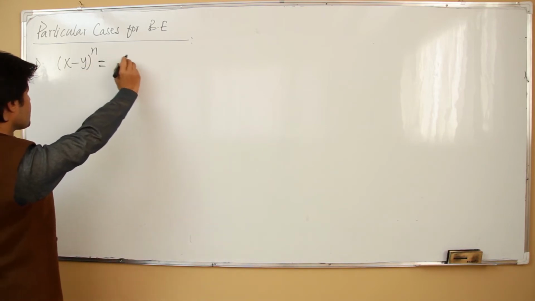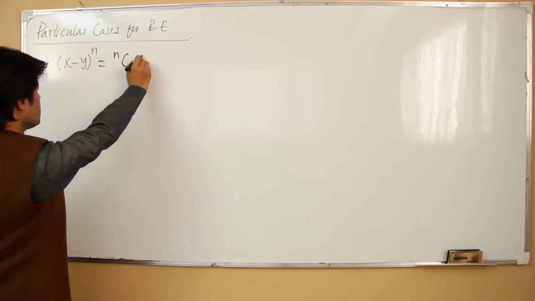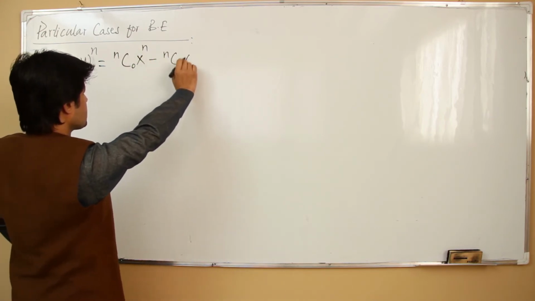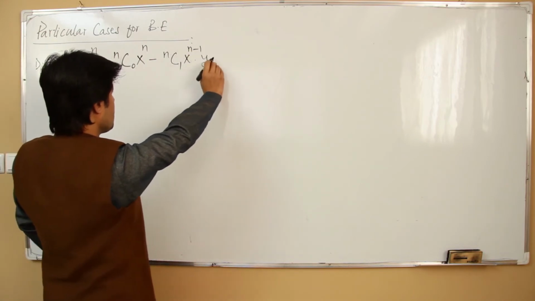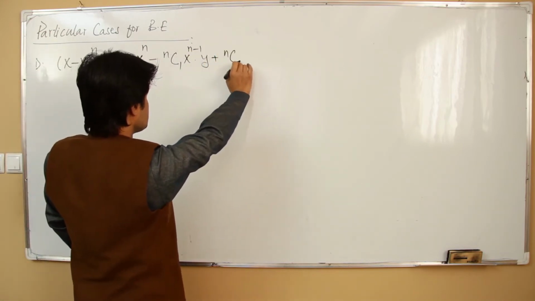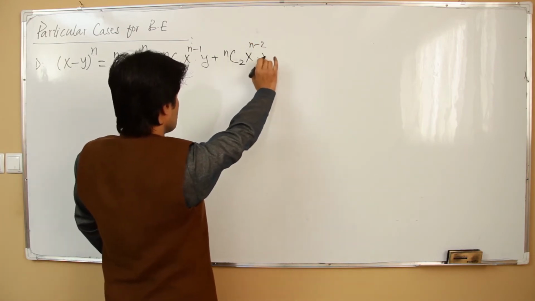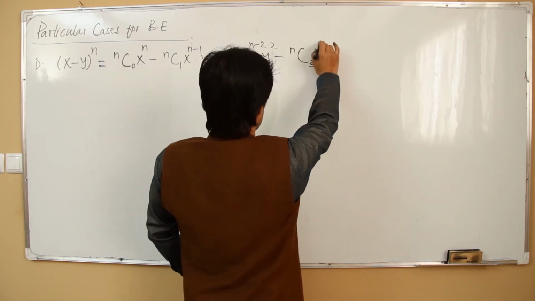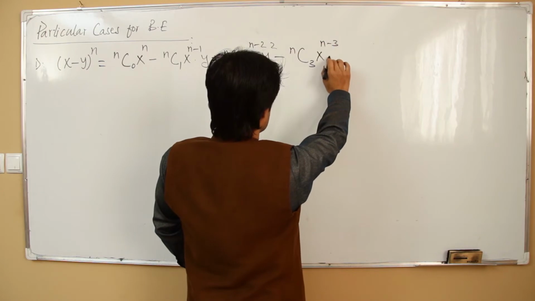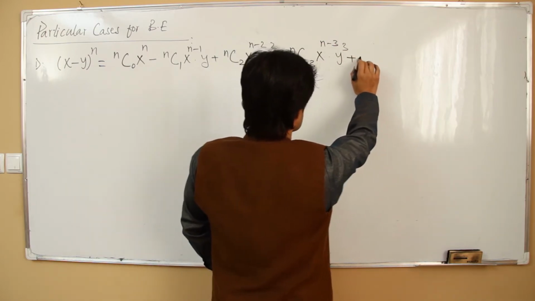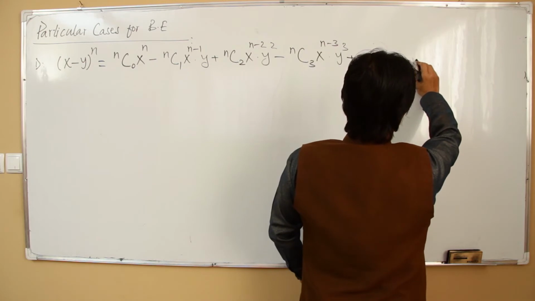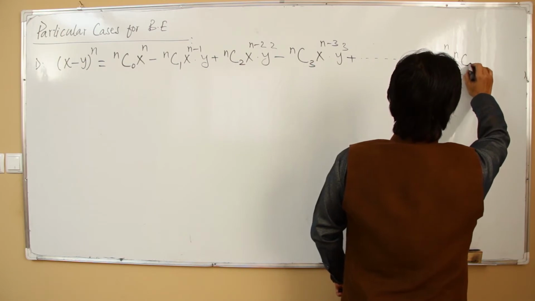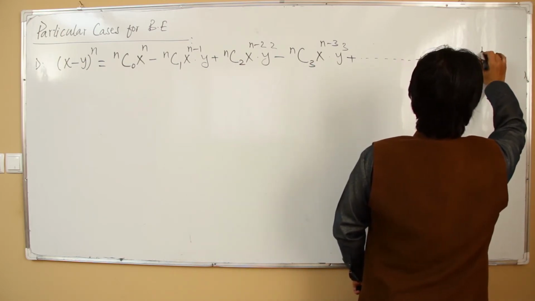Then you will find the same formula: nC0 x to the power n minus nC1 x to the power n minus 1 y plus nC2 x to the power n minus 2 y square minus nC3 x to the power n minus 3 y to the power 3 plus and so on, up to plus or minus 1 raised to the power n, nCn y to the power n.